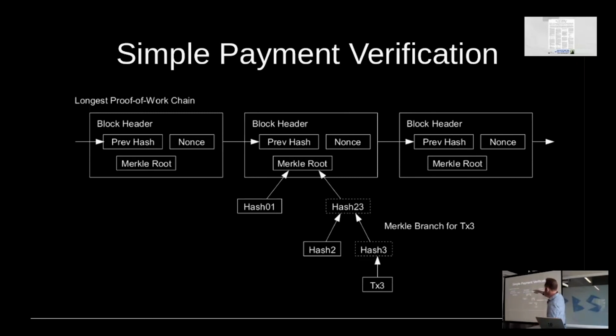And these block headers are really small. I think if you download all the block headers for the entire Bitcoin blockchain, it's only like 50 megabytes or something. It's really, really compact. So Satoshi was really forward thinking in making sure that you could do this.